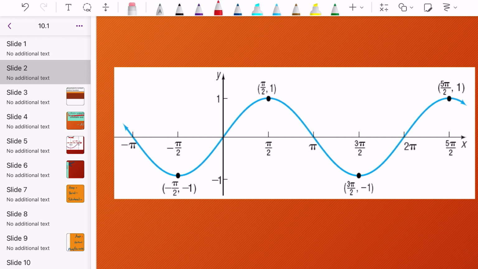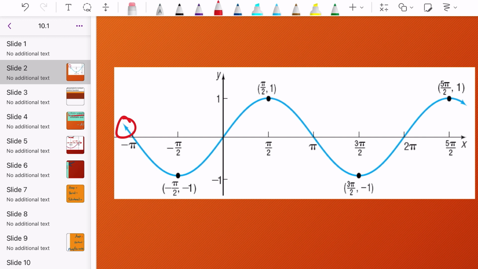Now, just because the only thing that we can see is between -pi and 2.5 pi does not mean that it does not continue to occur.